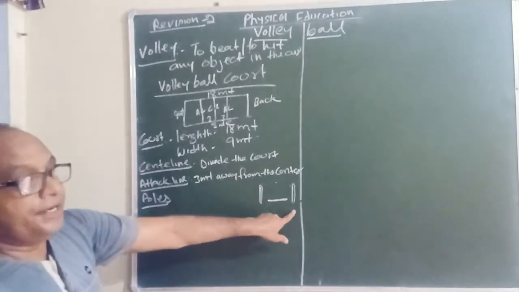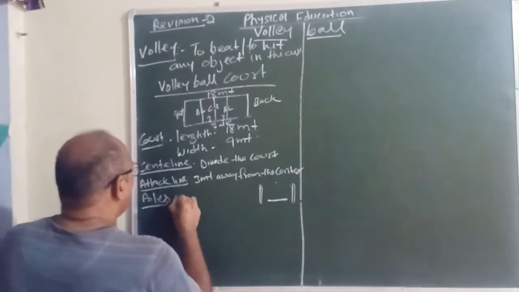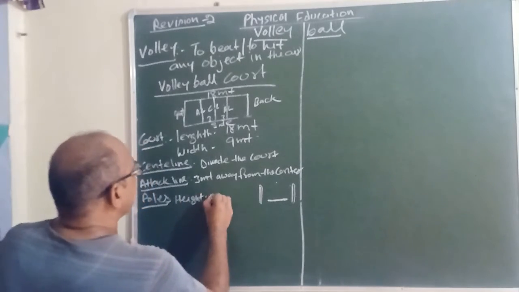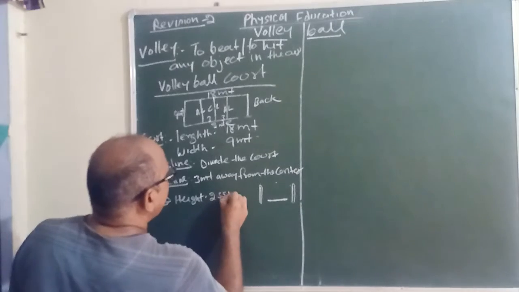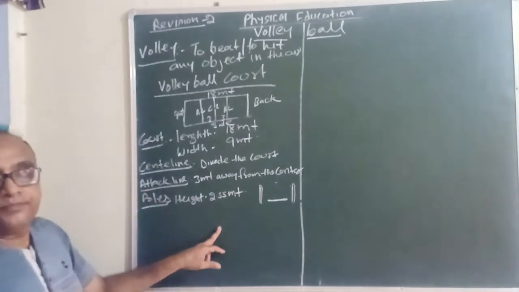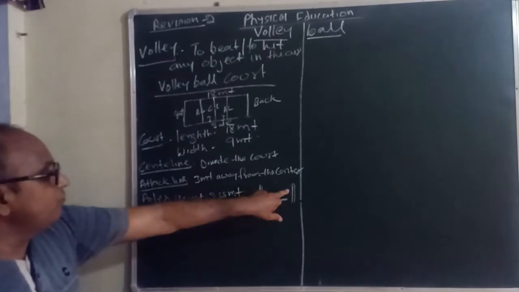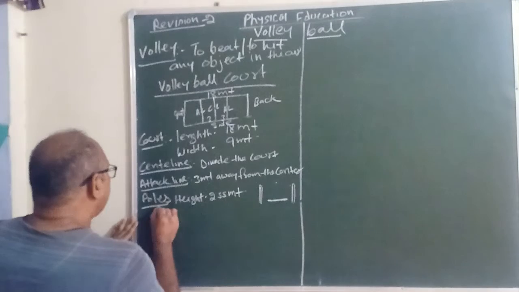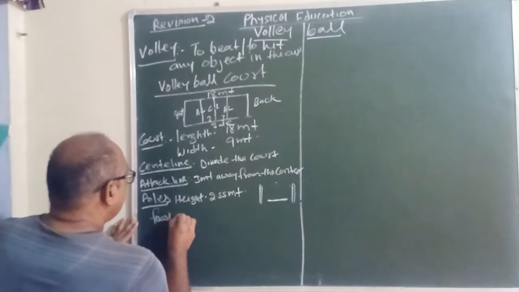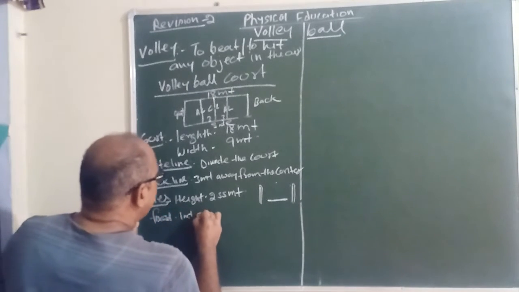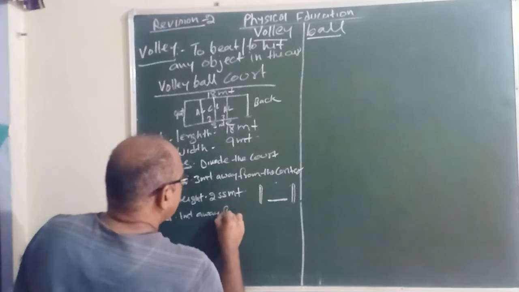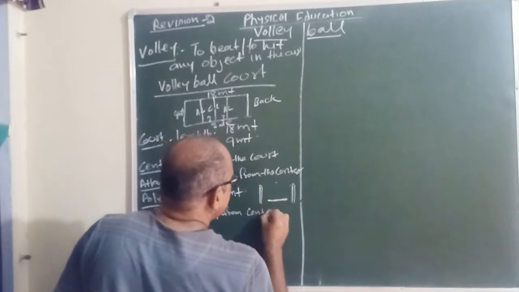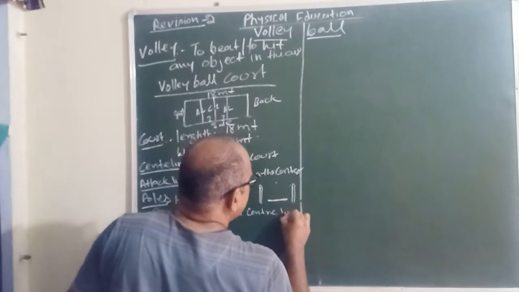Two poles are here, and the height of these 2 poles will be 2.55 meter, and it will be fixed 1 meter away from the center line.